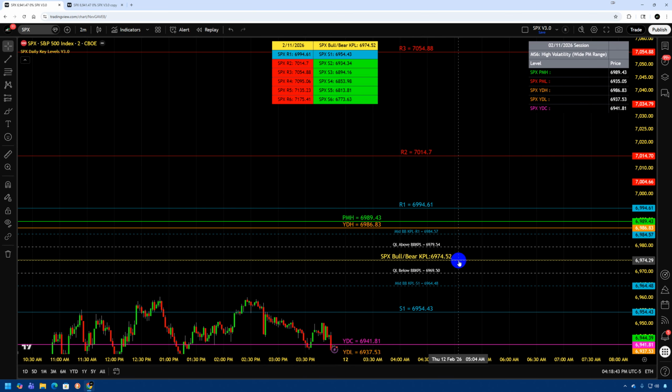So if it was an 85% of this, then that same distance is going to apply here. So let's say 85%, this is 50%, this is about 75. So 85 would be about right here. That amount of distance is going to be the same amount of distance here. If it was a cross and close above alert, or let's say it was a cross and close below alert on R3, it would be the same thing about right here.